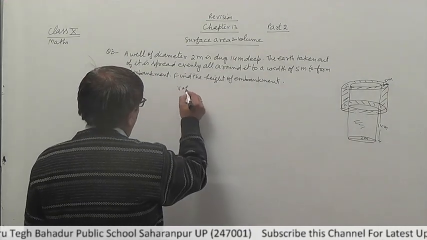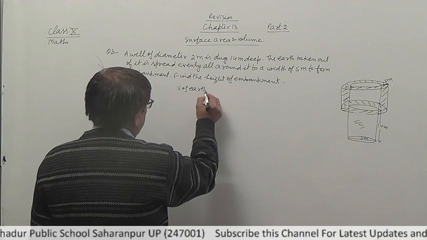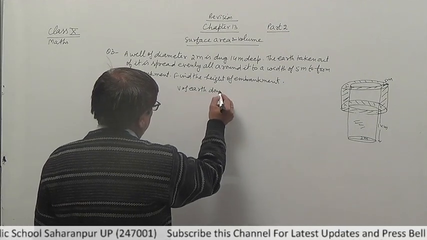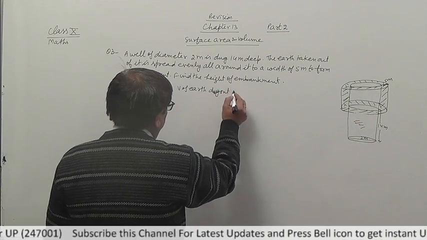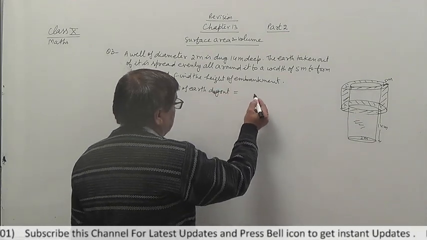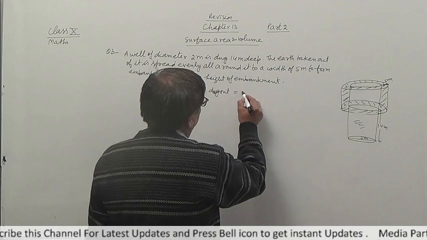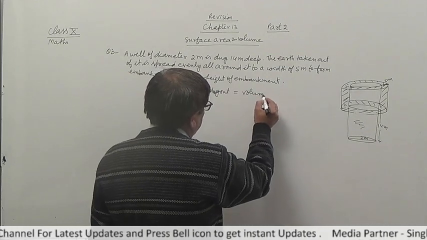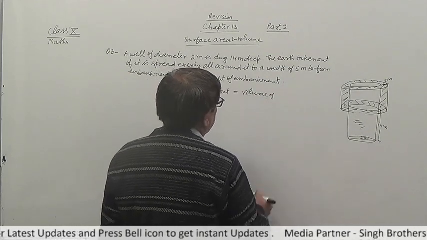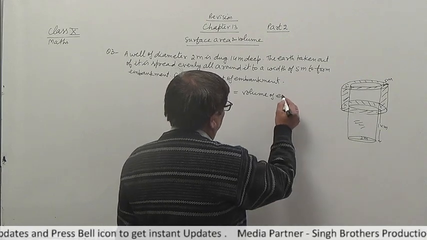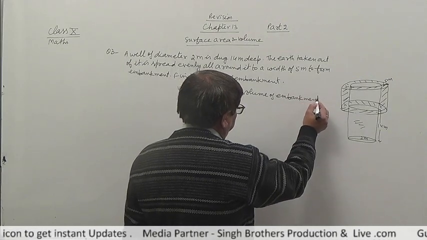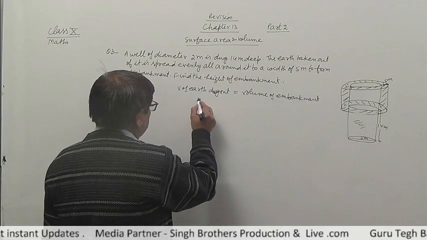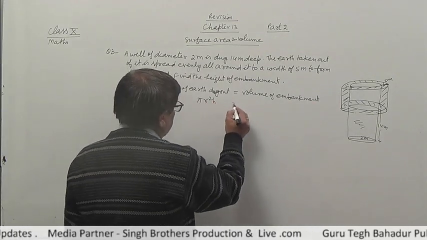So volume of earth dug out is equal to volume of embankment. So it is pi r square h.